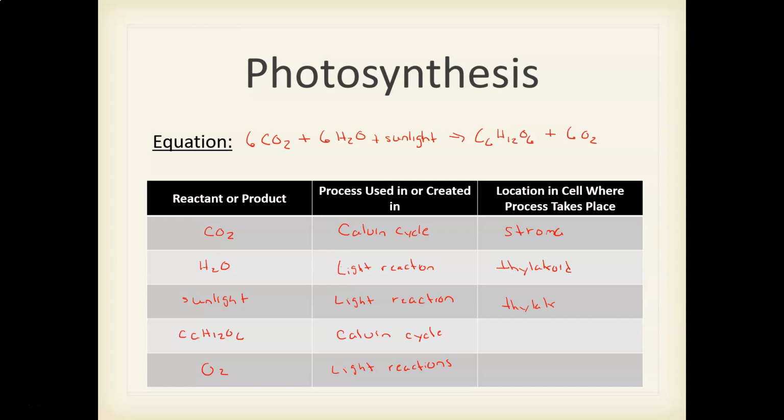So that's where I'm going to use both the water as well as the sunlight. And then I produce the glucose in the Calvin cycle. That also takes place again in the stroma. And that oxygen gets produced in those light reactions, again in the thylakoid.